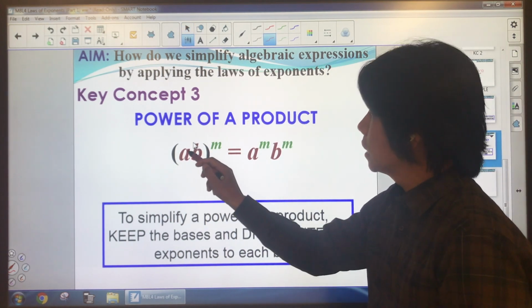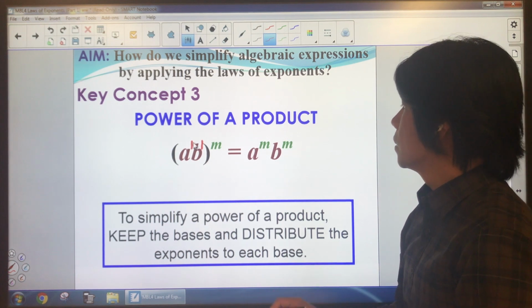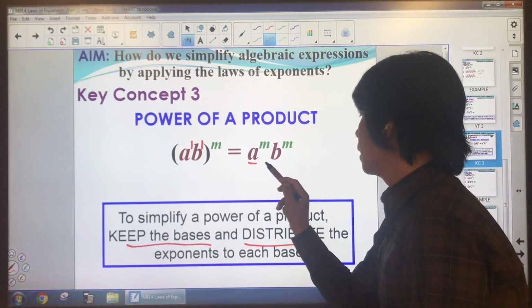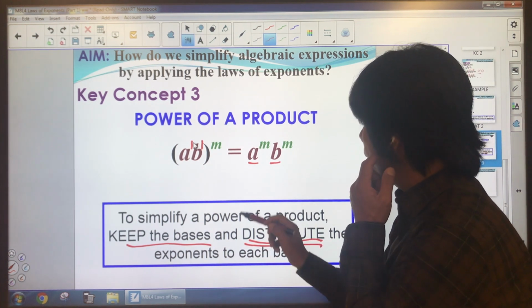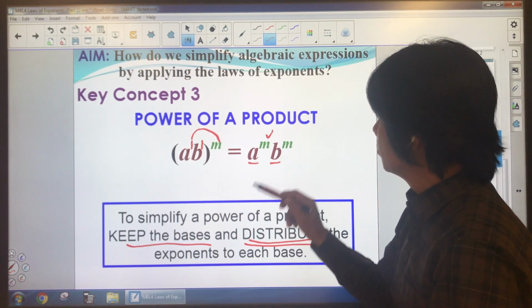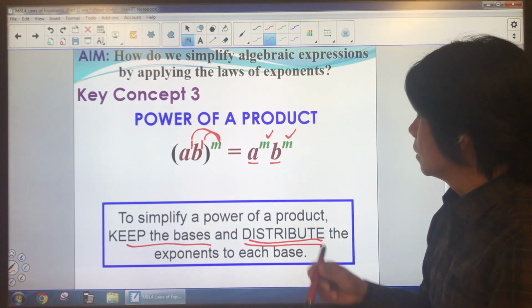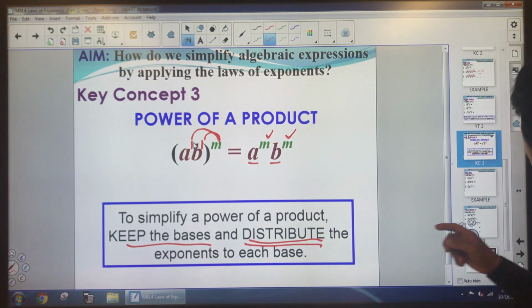As you well know, the exponent of a here is 1 and b here is 1. So the rule here is we keep the bases, a, b, and then distribute the exponents to each base. So m times 1, that's m, and then m times 1, that's m also. That's how you operate the power of a product.